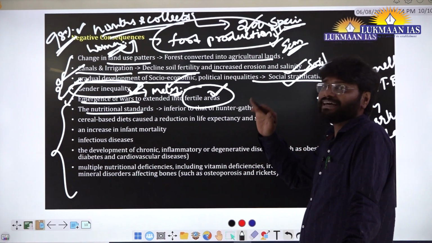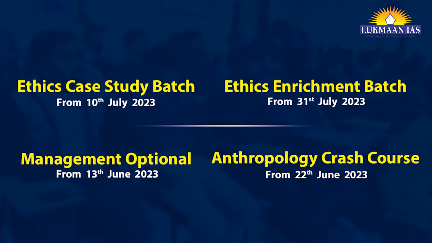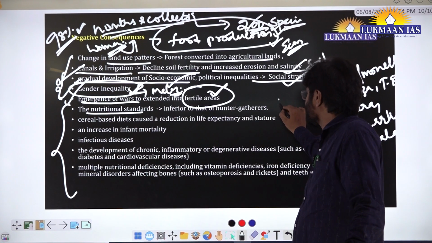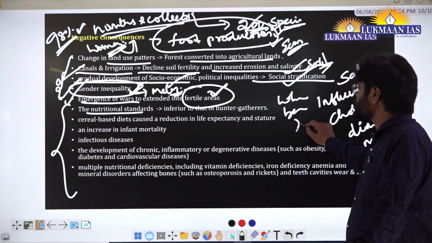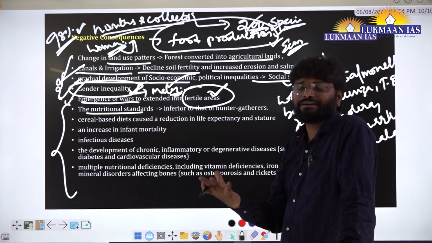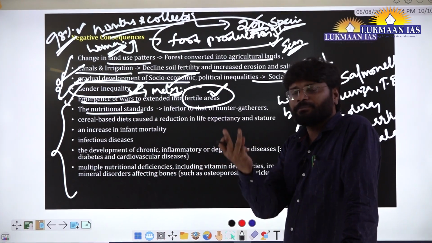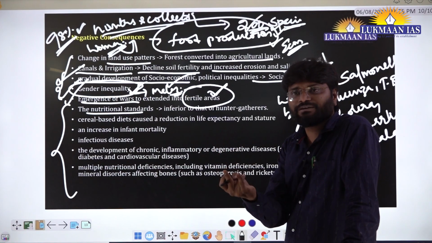That means they had a food basket of more than 200 species. But once they entered into the agriculture mode of production, only 4-5 items, for say wheat, barley, sorghum, only 4-5 species were available for their consumption. The crop diversity reduced, the animal diversity reduced.